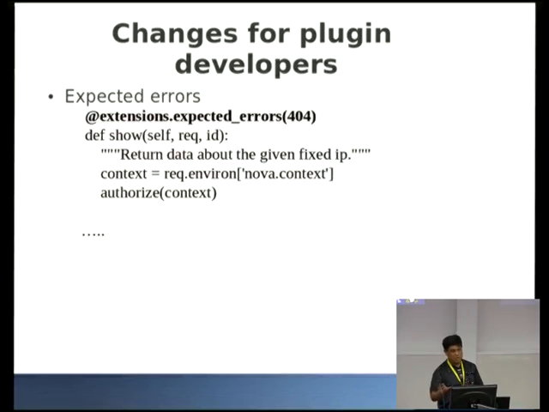And I guess the other major change, if you've written plugins before, is now all API calls are expected to specify what exceptions or bad return codes they expect to come out of their APIs.